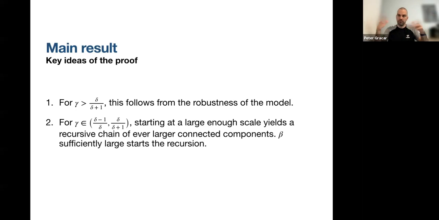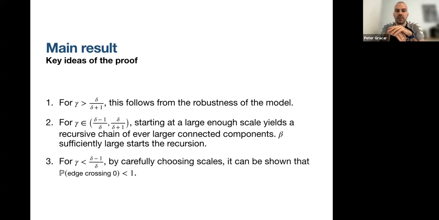So we build scale by scale, bigger and bigger intervals. The only problem is that although all of this happens with probability going to 1, and therefore almost surely, it needs to start at some stage. And that's where the temperature parameter comes in, because if we have high enough activity, we can basically guarantee that at some very large scale, this process starts, and then almost surely the infinite component gets built.